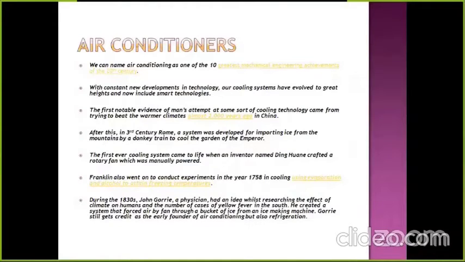Okay, so after Franklin, in 1758, John Gorrie in 1830 invented a cooling process where he could give comfort to the patients who were suffering from yellow fever. Okay, so what he did was he created a system that forced the air to pass through a bucket of ice.